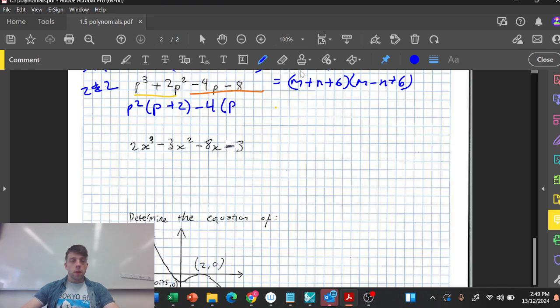Take that out, we're left with p plus 2, because minus 8 divided by minus 4 is equal to plus 2. Okay, so now we have a common binomial factor, which is very convenient, because then we can factor out that common binomial factor. This is p plus 2 times p squared minus 4. These are just a couple of very useful tricks that I would recommend having up your sleeve.